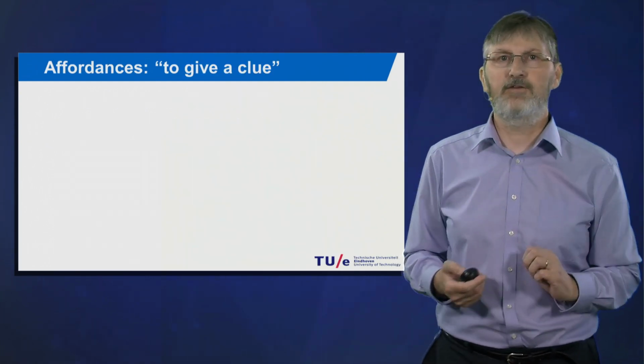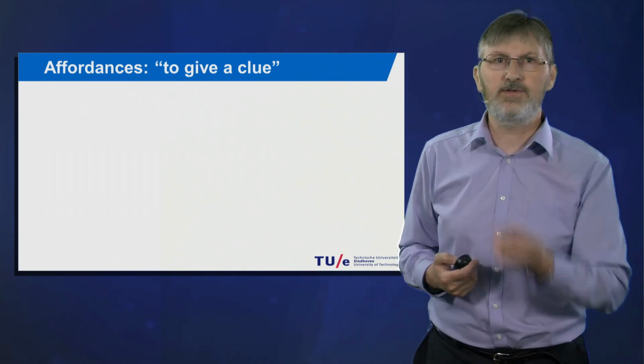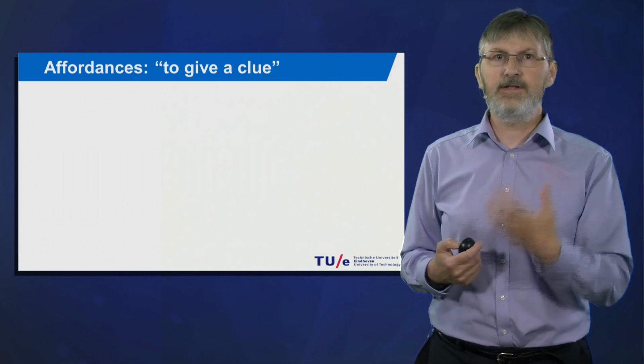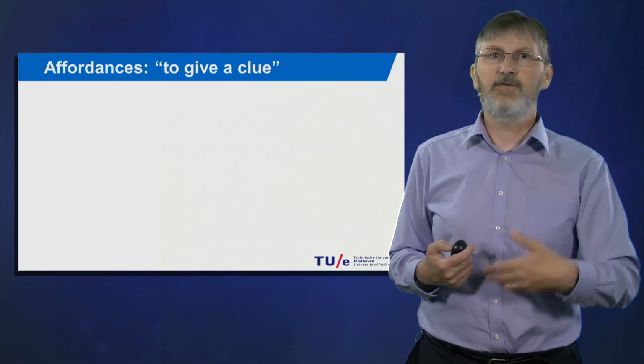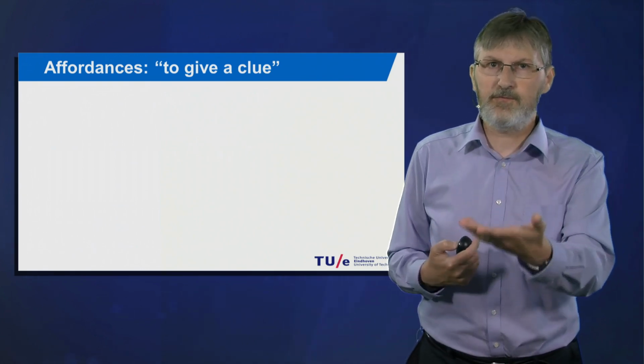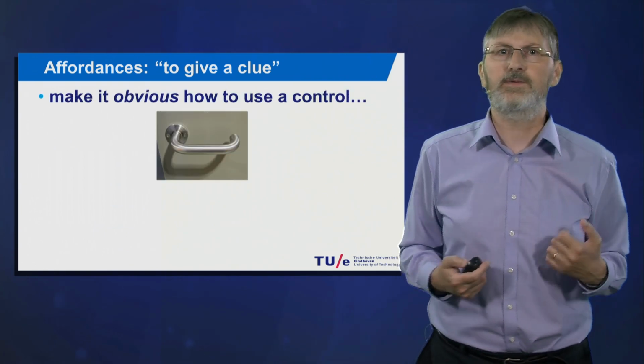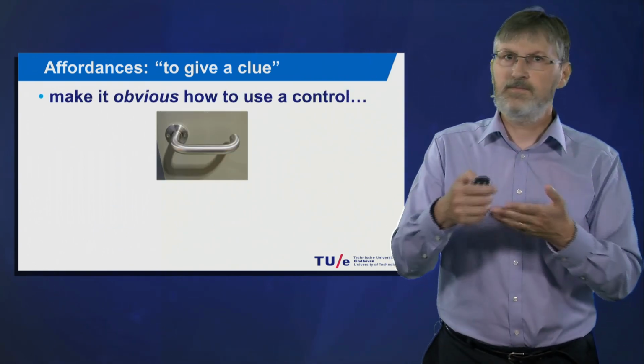Then there are the affordances. And affordances, it includes the word afford. It's an interface that invites you, that is suitable to perform a certain action. The interface itself already gives you a clue as to what to do. For instance, a doorknob.